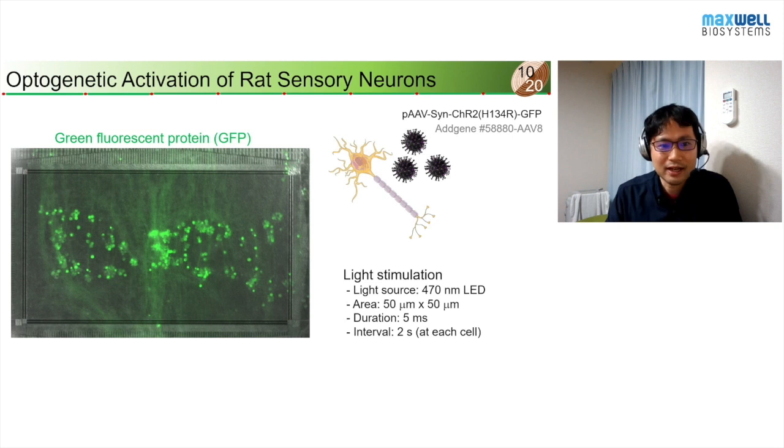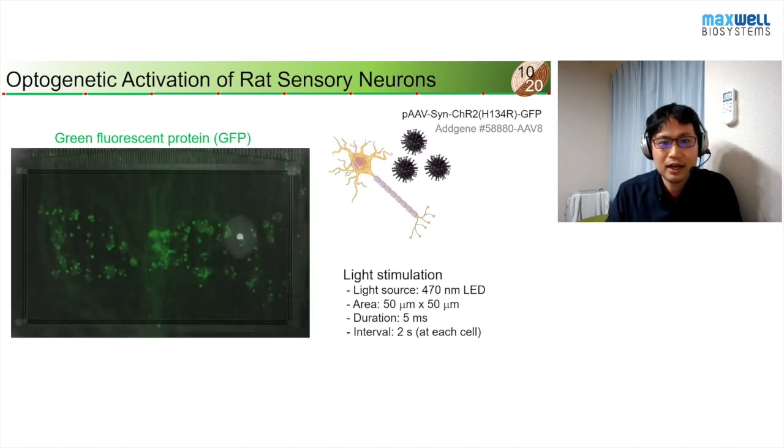Then we manually selected GFP positive cells and exposed them to blue light by DMD, digital mirror device. Here is a video of the experiment, in which each cell was stimulated individually and a single response was successfully evoked. By using optical stimulation instead of electrical stimulation, the stimulation artifacts are small enough that activity can be measured immediately after stimulation.